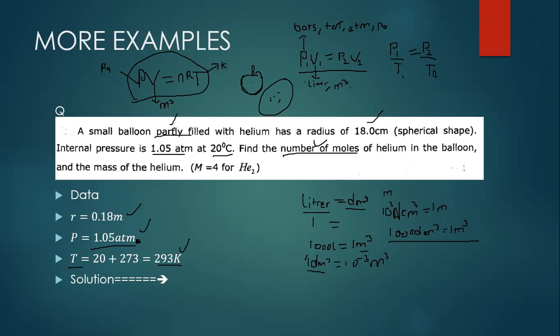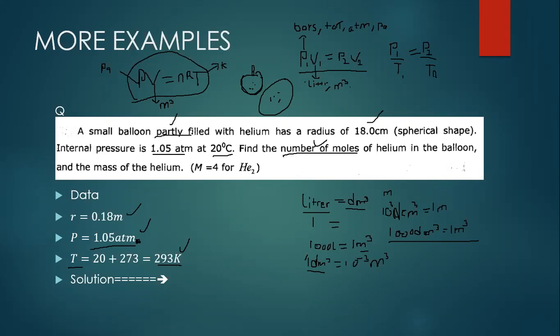So that's why I said, forget about this word partly filled in any case, because air, even if you put just a small amount in a room, it will fill the whole room because air moves everywhere. So just ignore this word partly filled.